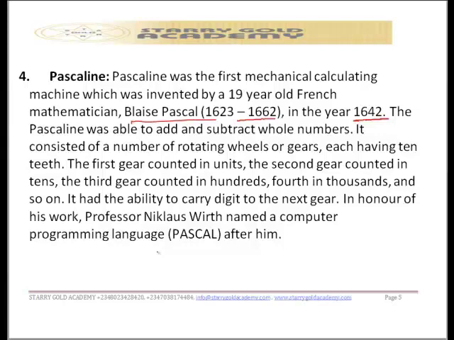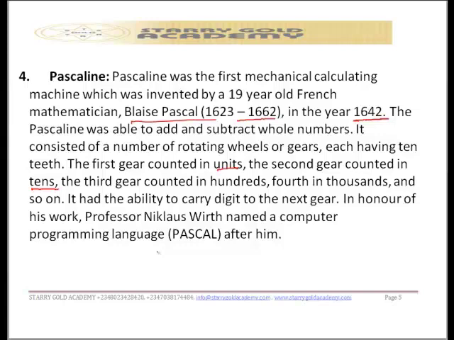The Pascaline was able to add and subtract whole numbers. It consisted of a number of rotating wheels or gears, each having 10 teeth. The first gear counted in units. The second gear counted in tens.